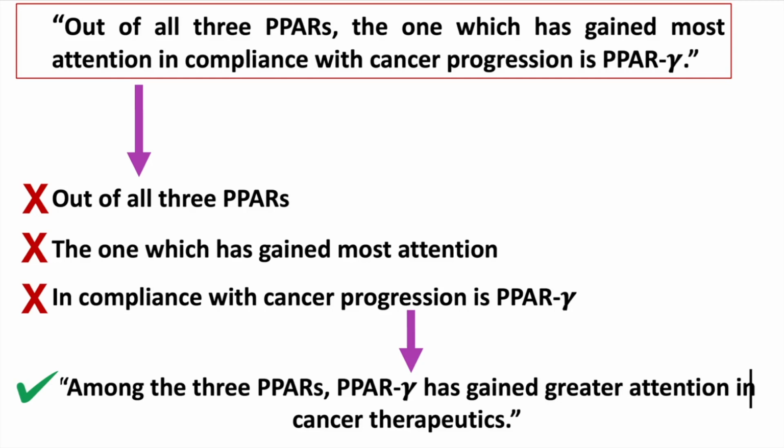And the next part, "the one which has gained most attention in compliance with cancer progression is PPAR gamma", gives a wrong indication; the paraphrasing is wrong. Instead, we can write: among the three PPARs, PPAR gamma has gained greater attention in cancer therapy.